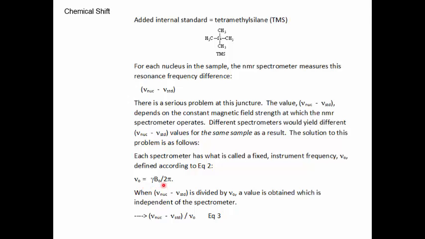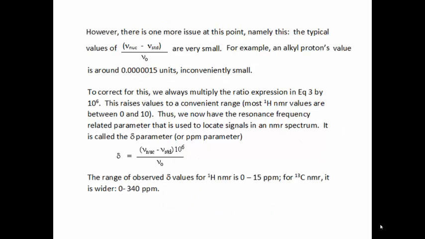What it next does is to take this resonance frequency difference, nu nucleus minus nu standard, and divide it by nu naught. When it does this, it obtains a value which is independent of the spectrometer, given here by equation 3. However, there's still a problem that remains.